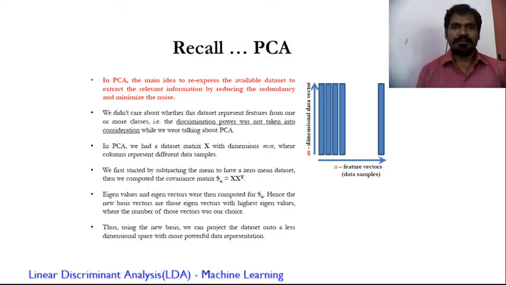In PCA, the main idea is to re-express the available data set to extract the relevant information by reducing the redundancy and minimizing the noise. So we are going to take, say for instance, 50 features in my data set, and I will try to project into the lower dimension space by ignoring the irrelevant information.